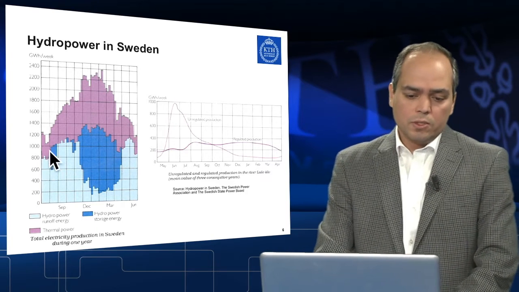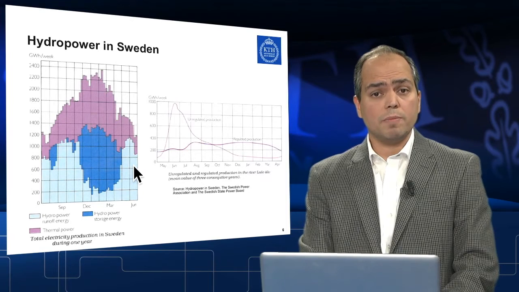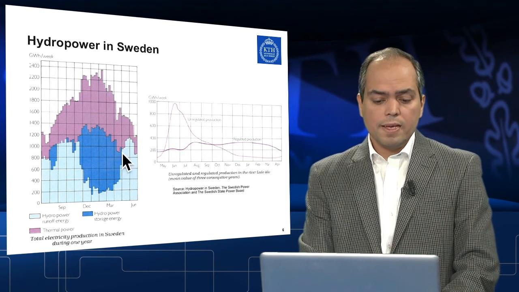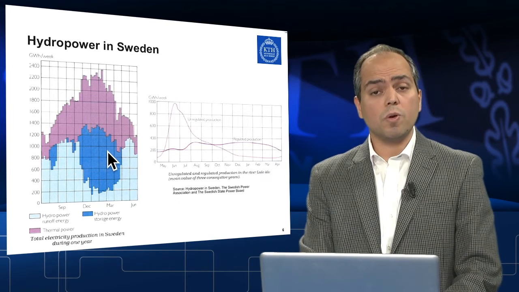On your left side, you can see more or less the same graph, which shows the gigawatt hour production per week. On the bottom line here, as you can see, is the hydropower production by runoff energy. So it's more or less a function of the available flow all along the year. And this darker blue here shows the hydropower with storage energy.